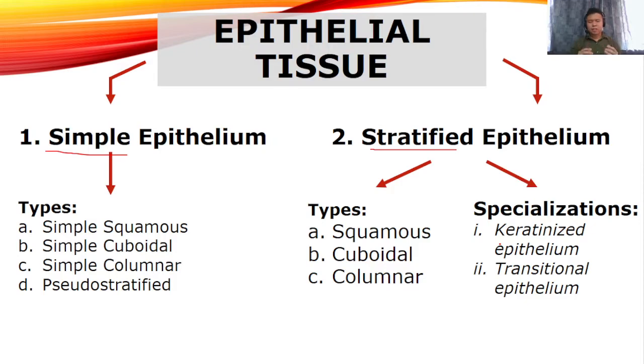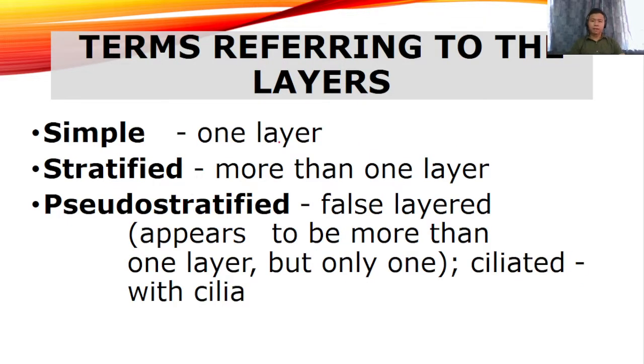Before we discuss in detail what these types are, let's have the terminologies on what simple means, what stratified means, what epithelium means, and what squamous means. For our terminologies referring to layers, we have simple, which means one layer.